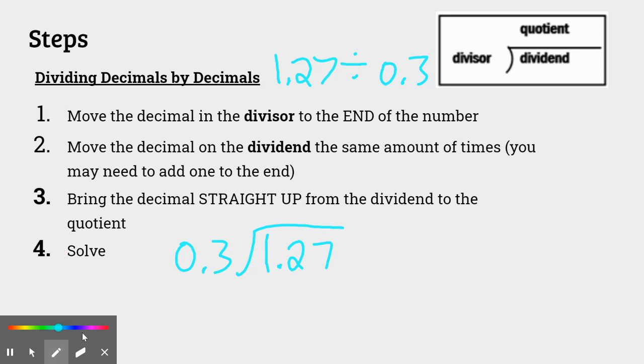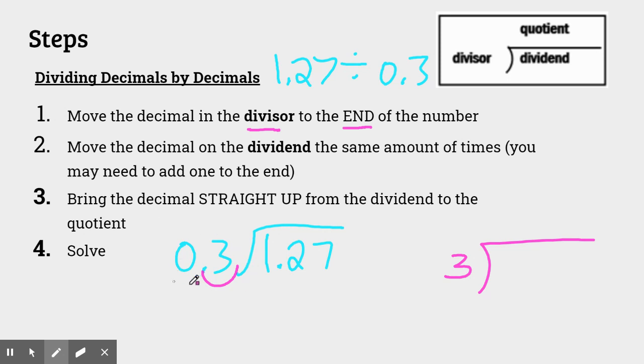I cannot do that in this problem yet. My first step is to move the decimal in the divisor to the end of the number. So basically, I take the number on the outside and I have to make it into a whole number. So if I look, I have my decimal here. I need to move it over once. So now that number becomes a 3.